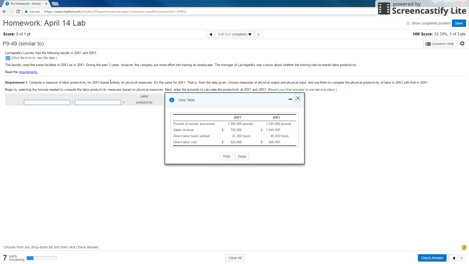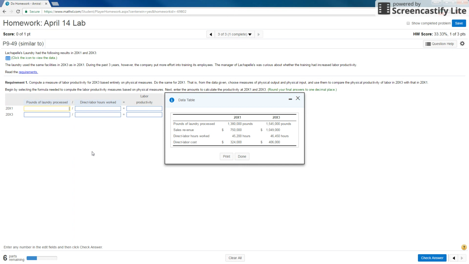Okay, the first part says everything should be calculated on physical measures. So on physical measures, we have to find out how many pounds of laundry are processed for each hour that the labor worked. Those are both physical and not related to any financial cost.